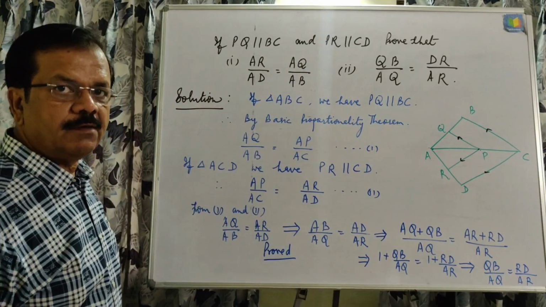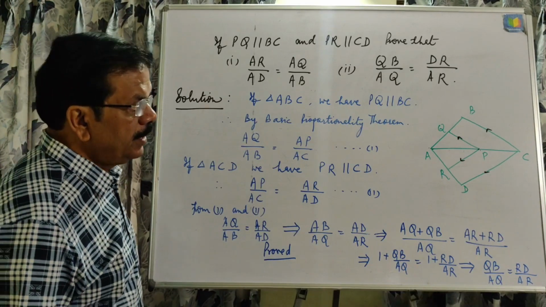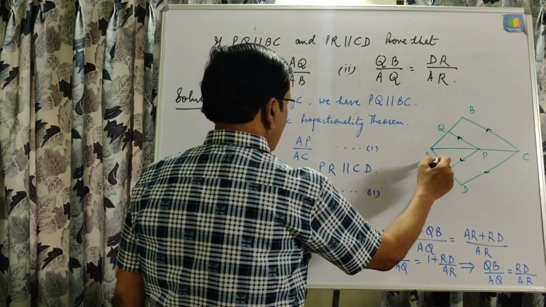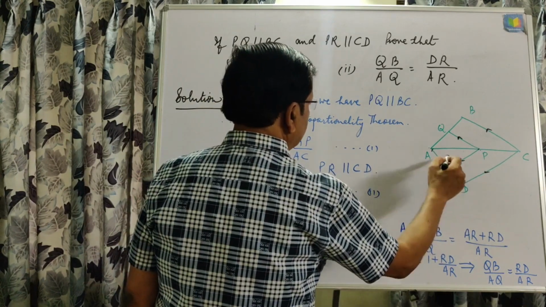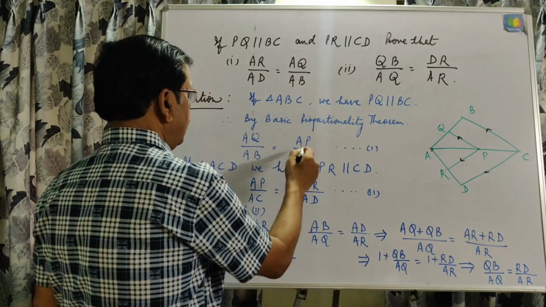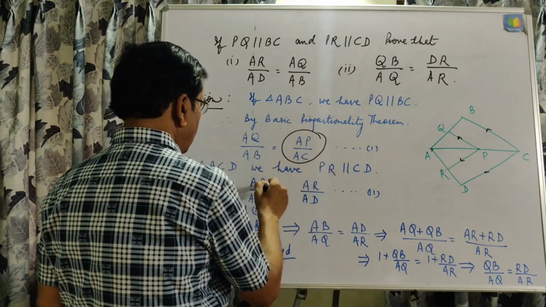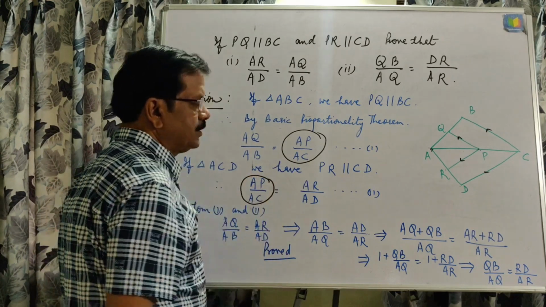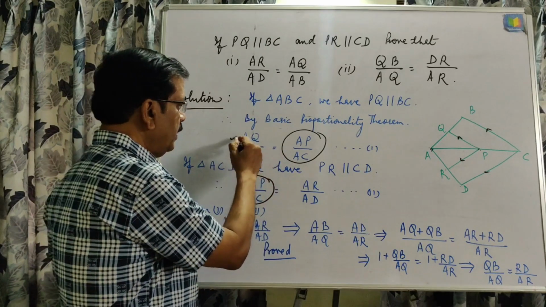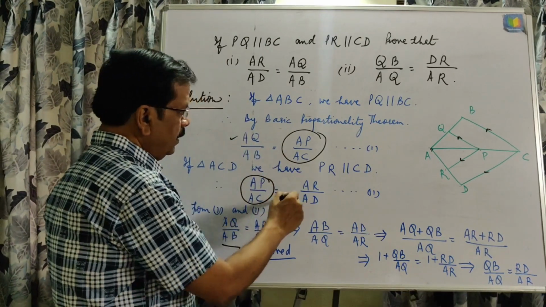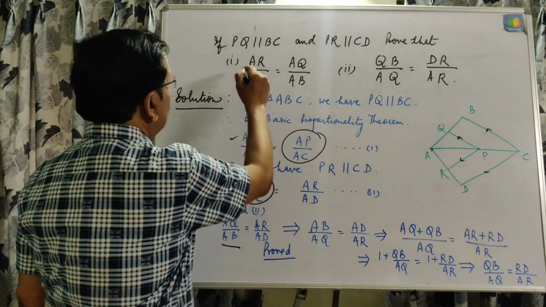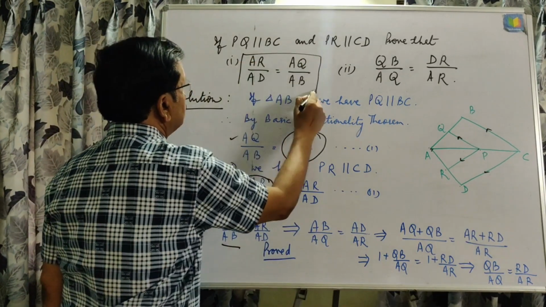In the same way, by basic proportionality theorem in the next triangle ADC, AR upon AD is equal to AP upon AC. We can see that AP upon AC is in both the equations, and that is why equating these two equations we are getting AQ upon AB is equal to AR upon AD, and this is what we have to prove.